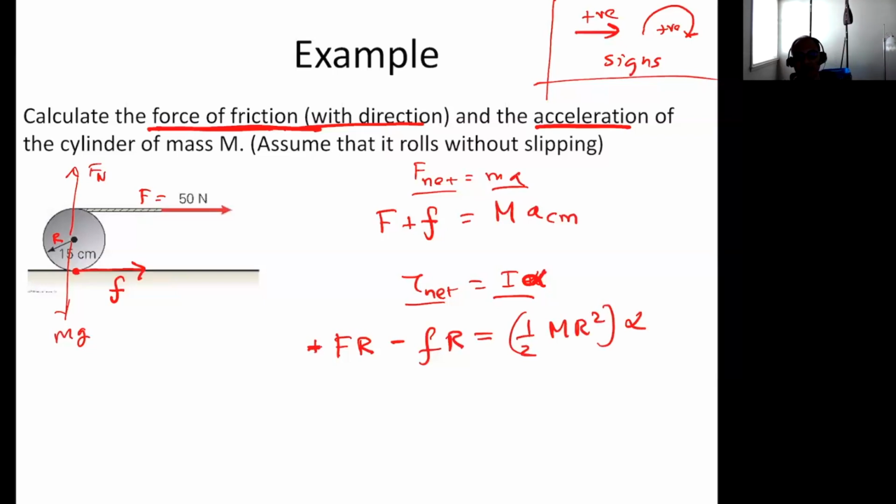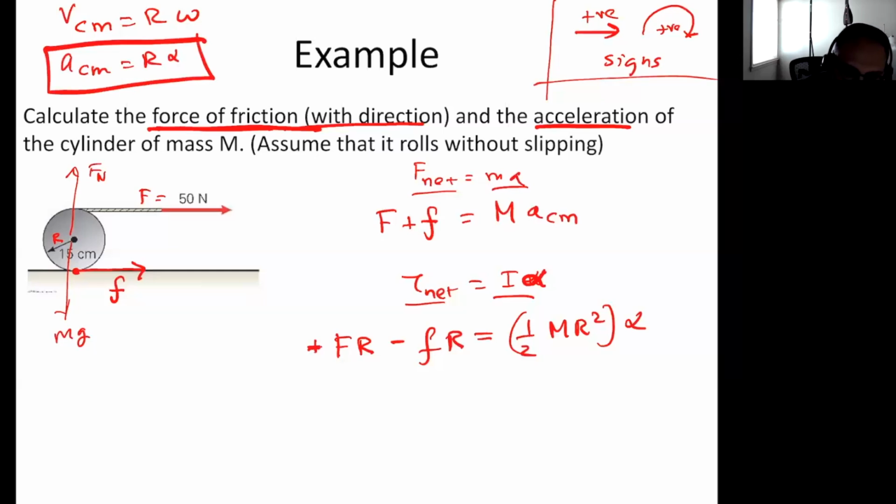So I have found an equation. The second equation doesn't have the ACM, but we do know that it's rolling without slipping, right? So when it's rolling without slipping, a very important equation that applies is VCM equals R omega. Together with that, we get its cousin, which is ACM equals R alpha. These two come together. So I can use this equation right here to get rid of the alpha.